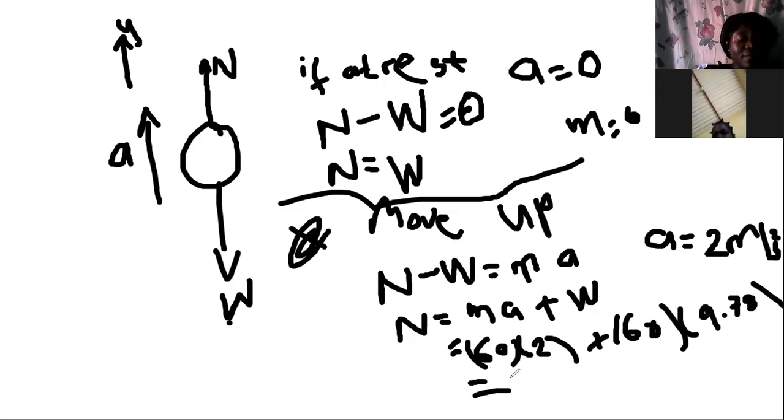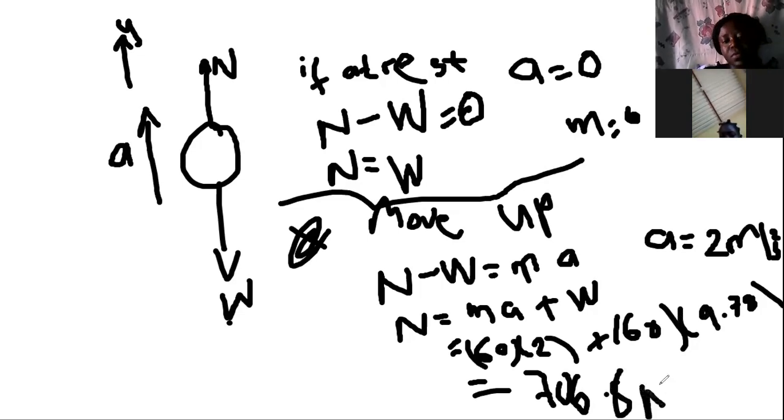Okay, so we have 60 times 2 plus 60 times 9.78. What do we get? This equals 706.8. Is this what you get? Yes. Okay, so when you go up, what is your weight?